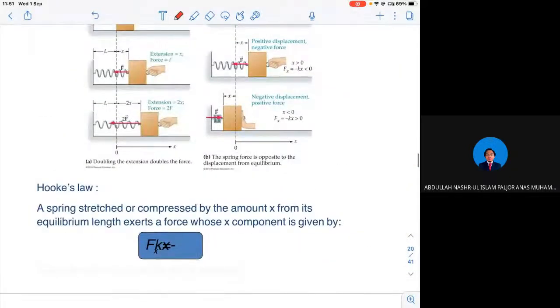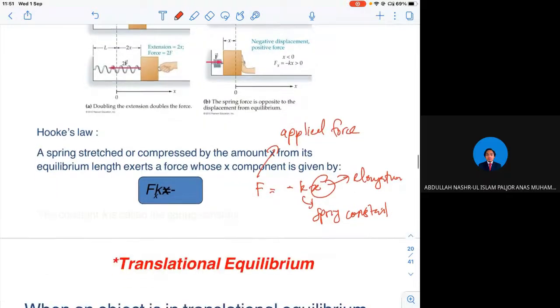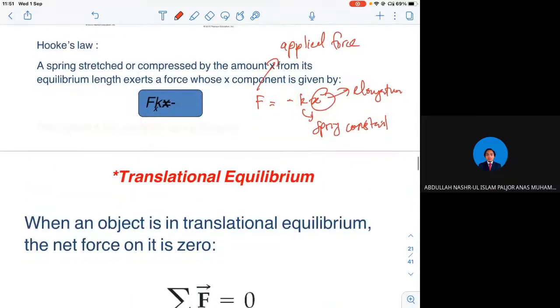And then it goes back to Hooke's law. Using a spring, F is equivalent to negative kx, where F is the applied force, k is the spring constant, and x is the elongation. Spring constant and elongation. F equals negative kx.